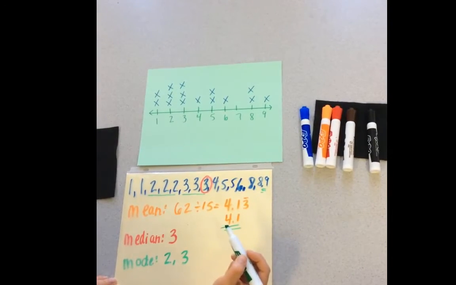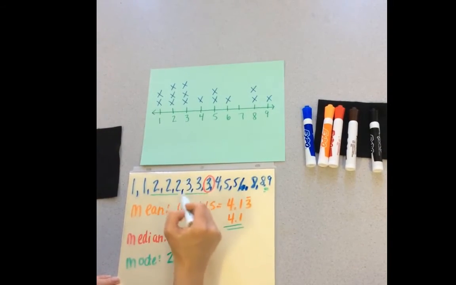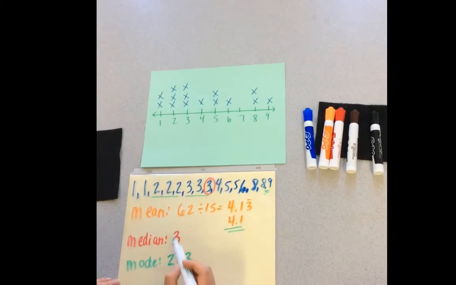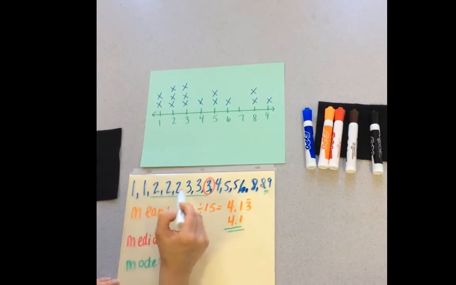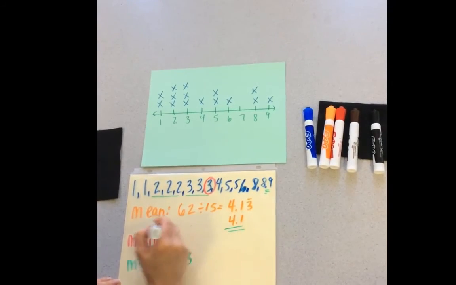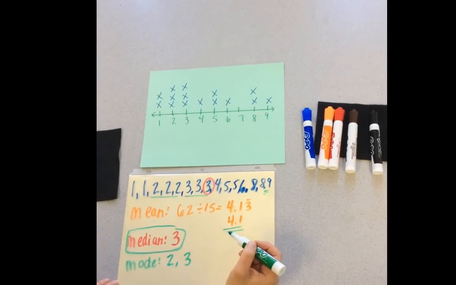The median seems like a pretty good measure to me because it's 3, which seems right around the cluster where most of the people seem to have talked. And the mode, which could be 2 or 3, seems a little bit small. So in this case, I'm going to say that the best measure of central tendency is the median.